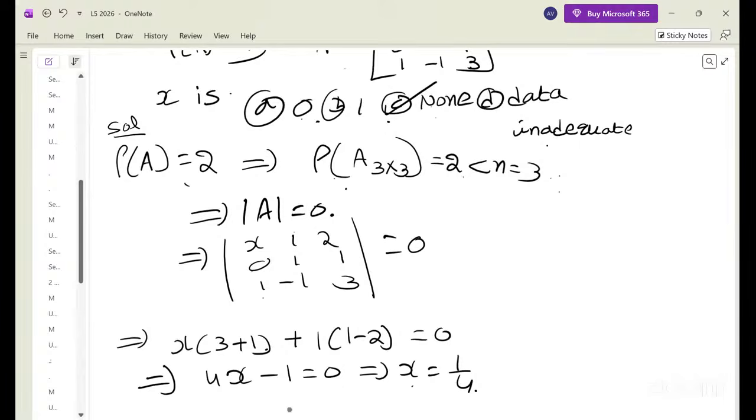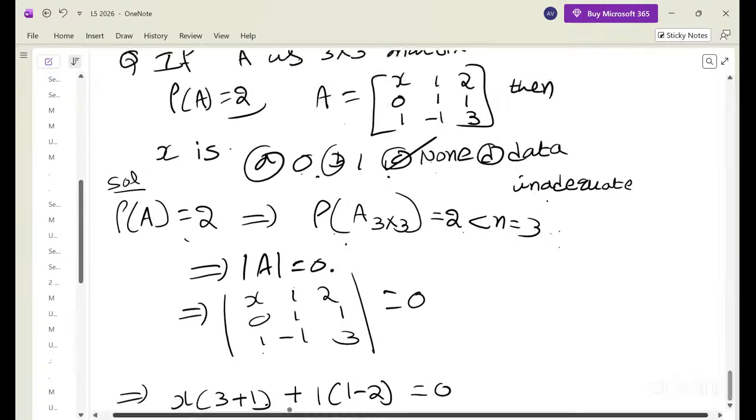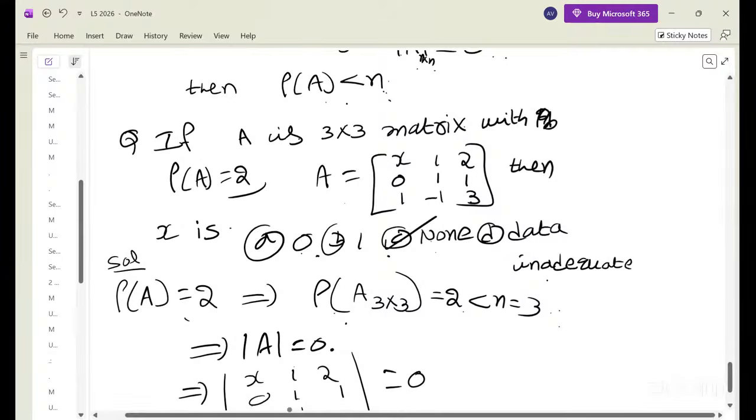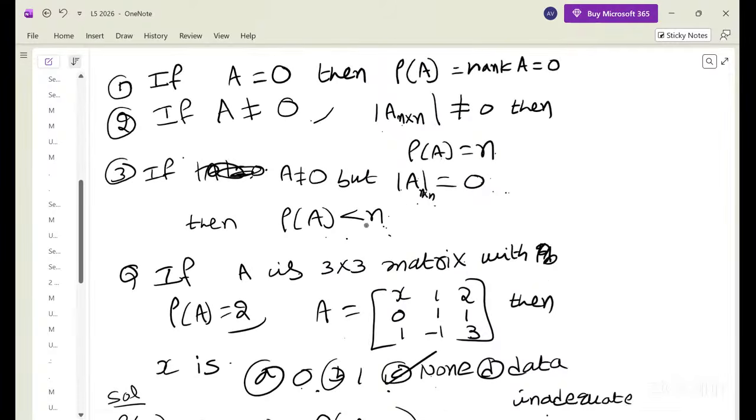Rank of A is equal to 2. So the rank of a 3 by 3 matrix is 2, less than n, so det A is 0. Remember, this is an if and only if statement. If the determinant is 0, rank will be less than n; if rank is less than n, the determinant will be 0.